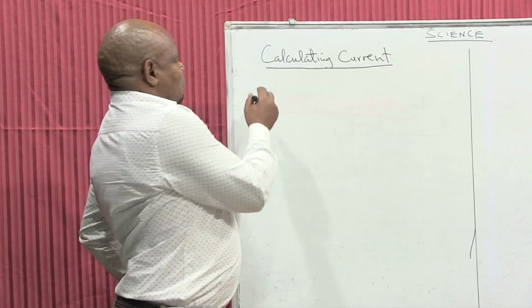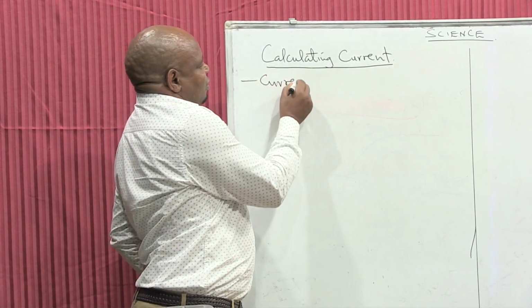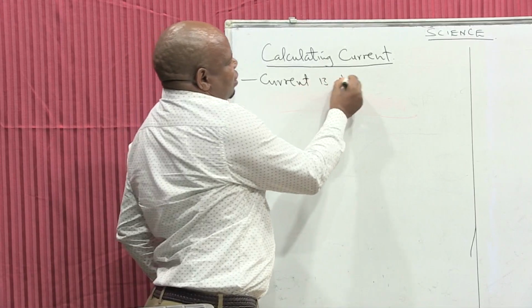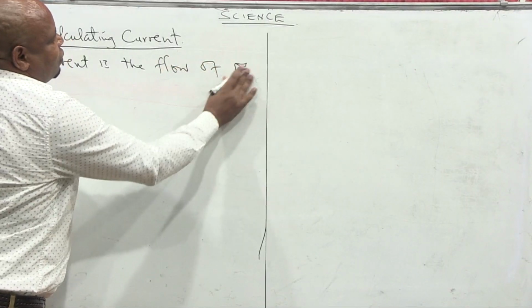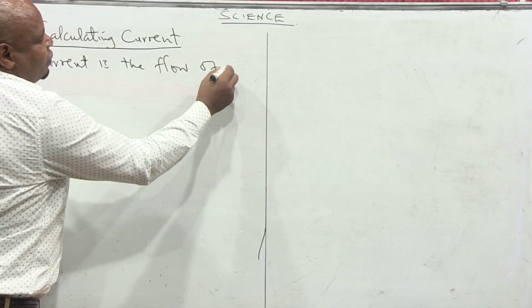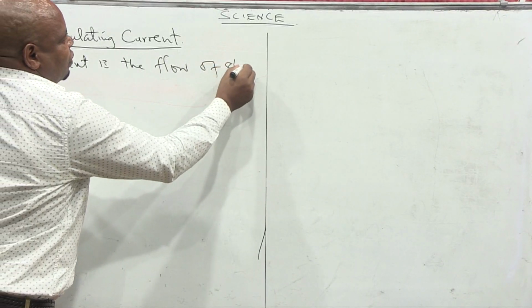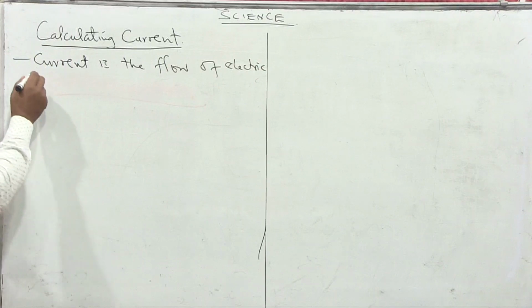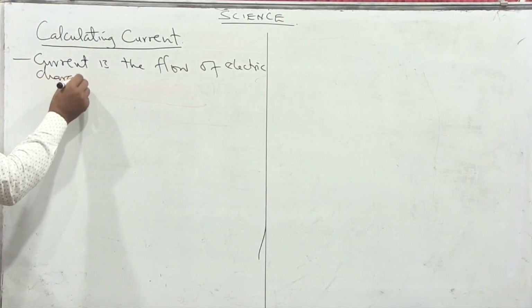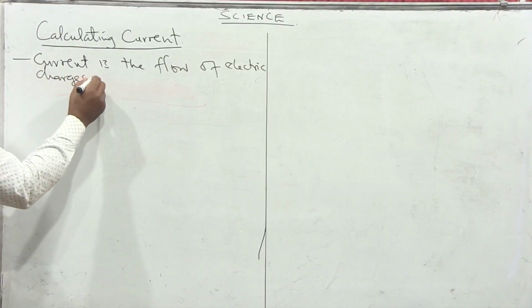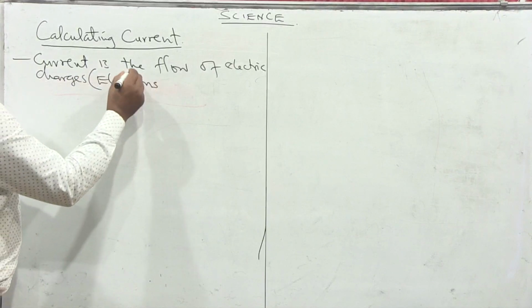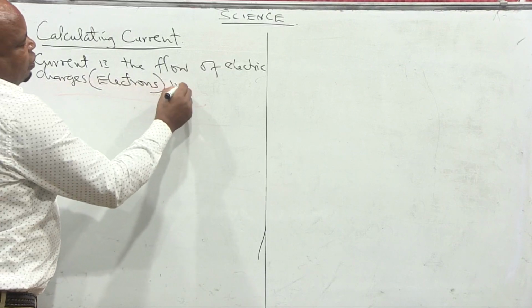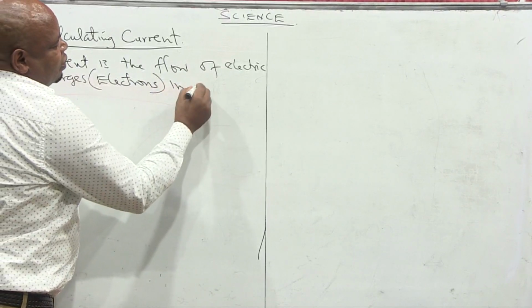First, we said current is the flow of electric charges, or we can say electrons, in a circuit.